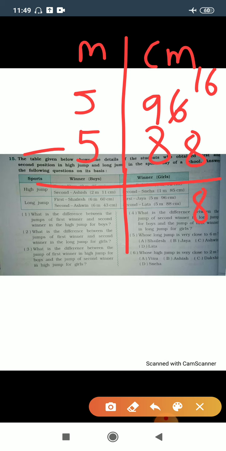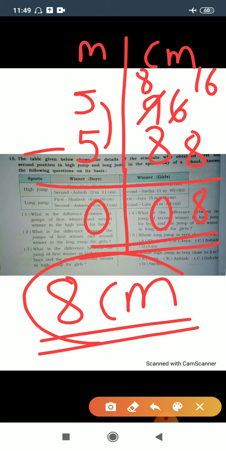Very good. Now we cut this 9 and write here 8. Now 8 minus 8 equals 0, and 5 minus 5 equals 0. So our answer is 8 centimeter. So the difference between the first winner and the second winner among girls in long jump is 8 centimeter.